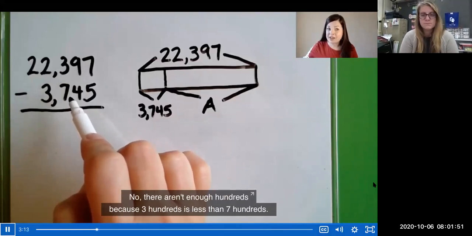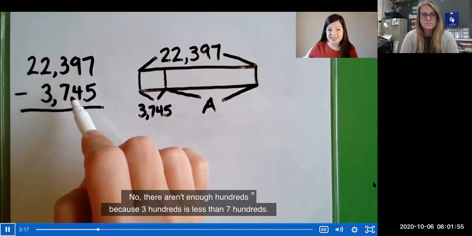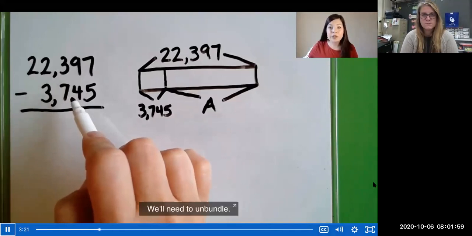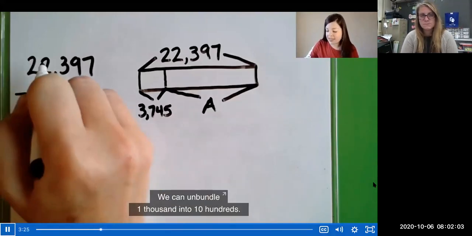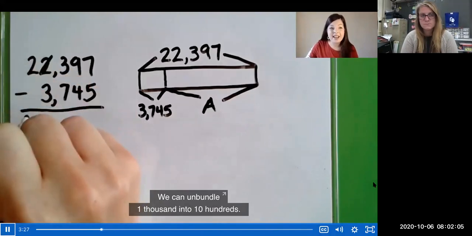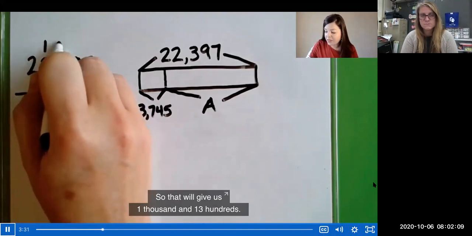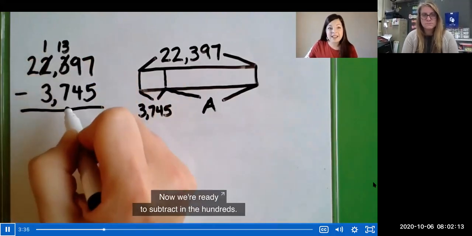Nope, there aren't enough hundreds because 3 hundreds is less than 7 hundreds. So what will we need to do? We'll need to unbundle. We can unbundle 1,000 into 10 hundreds, so that will give us 1,000 and 13 hundreds. Now we're ready to subtract in the hundreds.